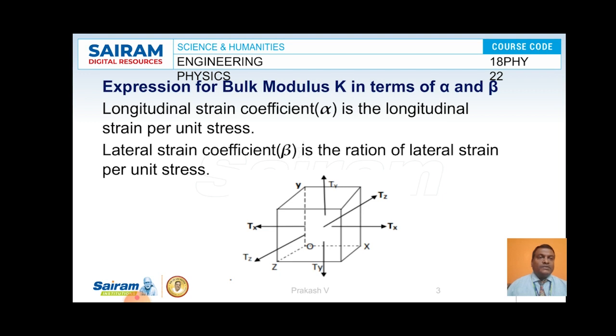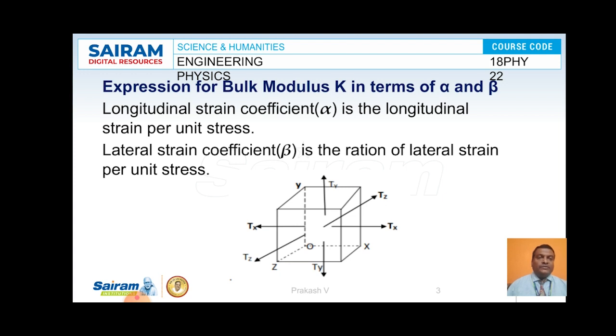Because of the force Tx, there will be an increase in length along the x direction, and at the same time contraction is going to happen along the y and z directions. Because of the force Ty, there will be an increase in length along the y direction, and parallelly there will be a contraction along the x as well as z directions.